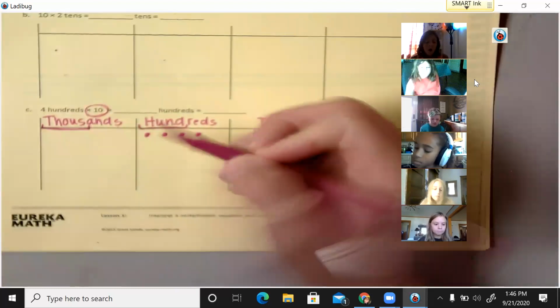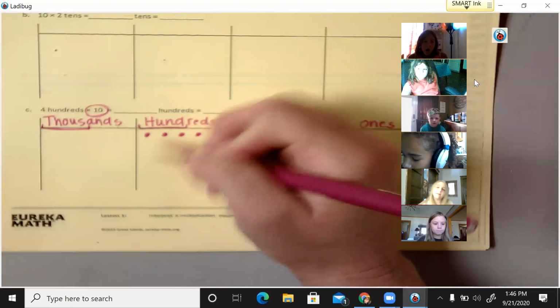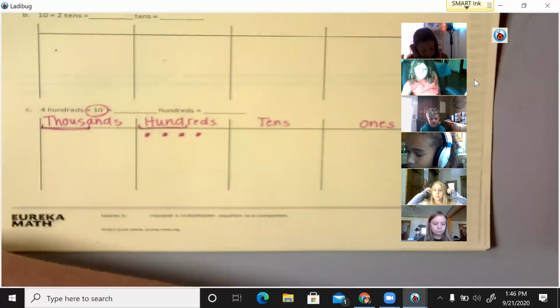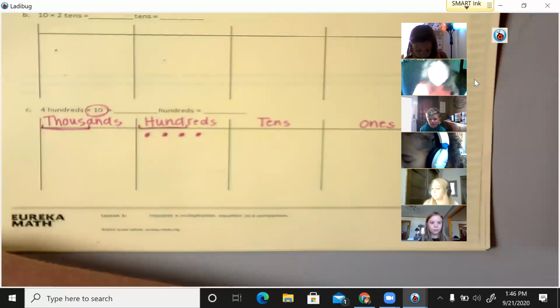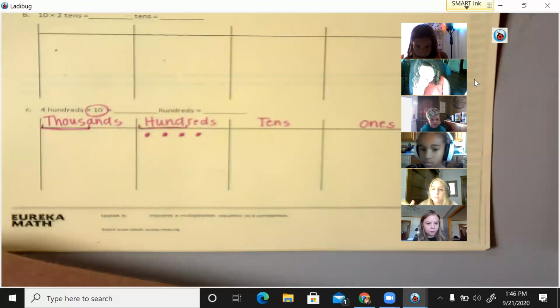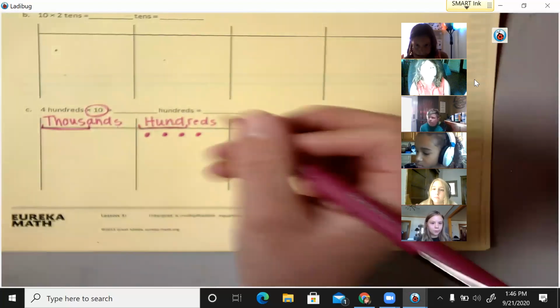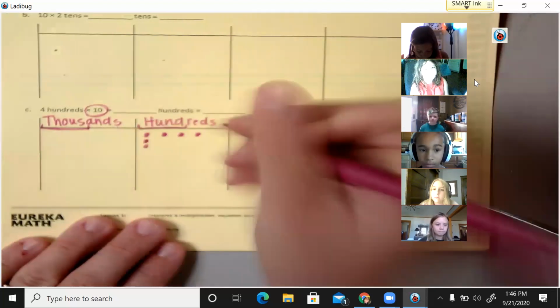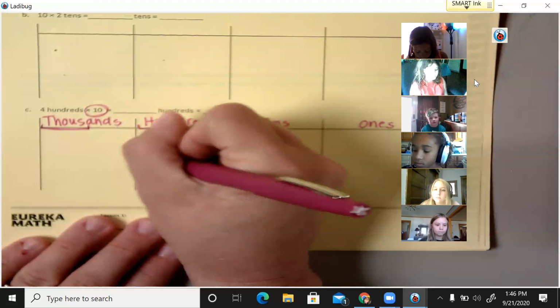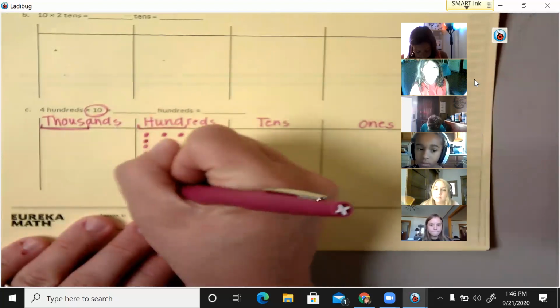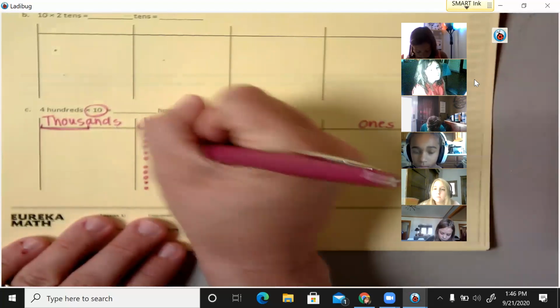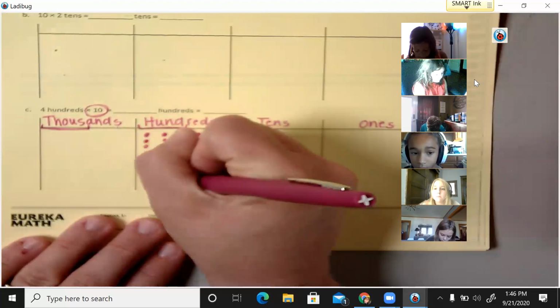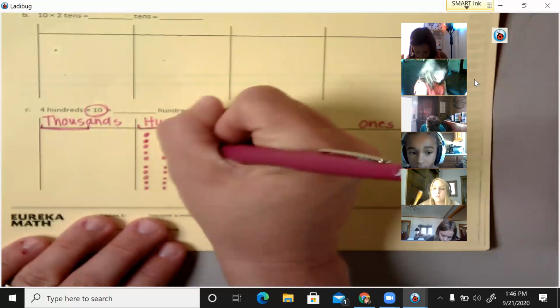So if we want to make 10 more of each, how many more dots should we draw under each one? 9 under each one. Very good, because we already have 1 there. We want to have 10 in each column. So I'm going to draw my 9 more dots in each, 9 in each row to make 10.